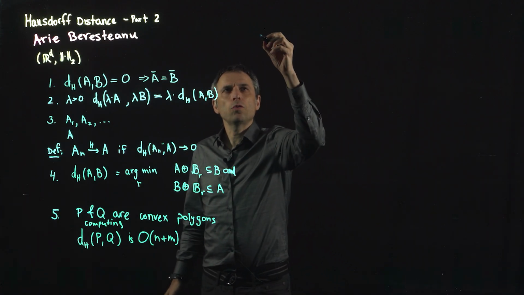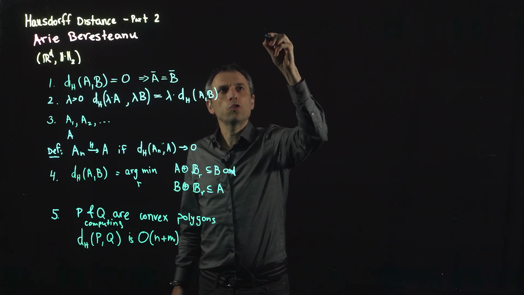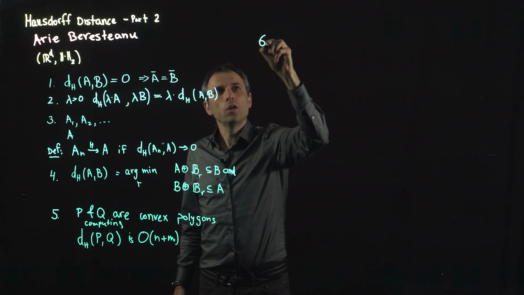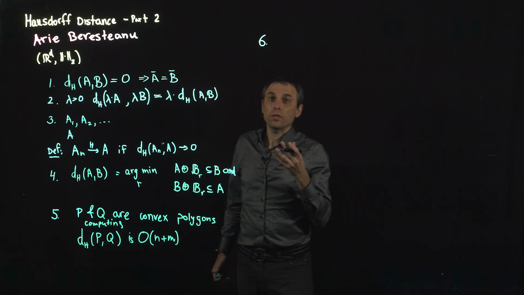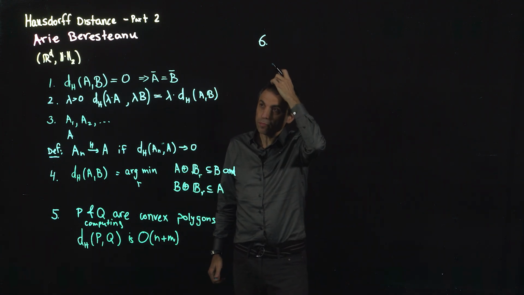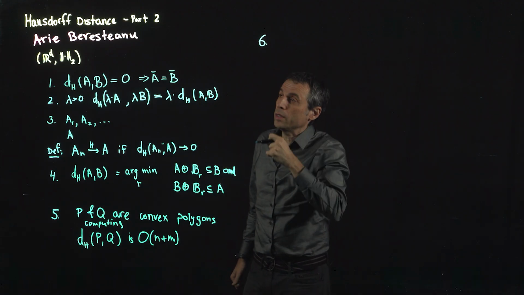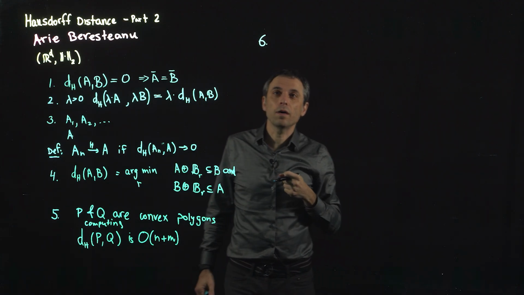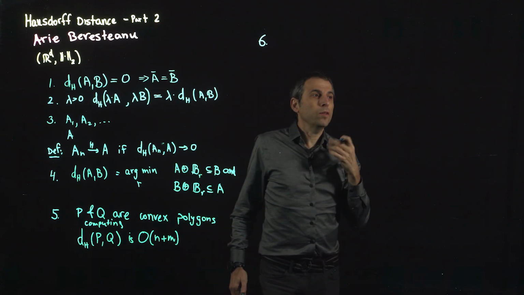Now I'm going to move to some properties which, by and large, can maybe be thought of as properties of the Minkowski summation, but we will need the Hausdorff distance to make those claims.